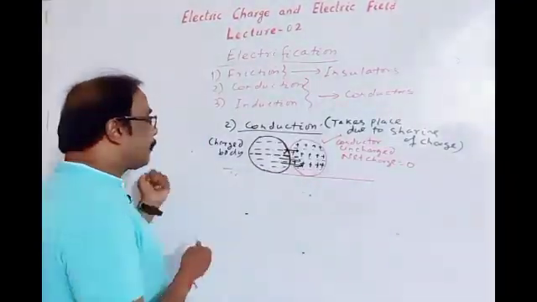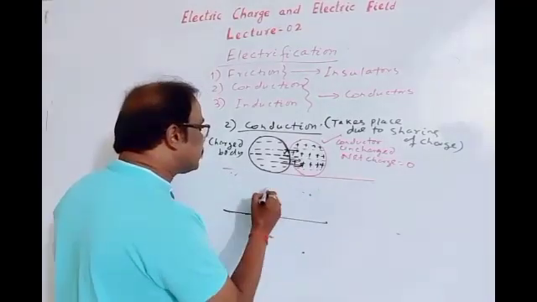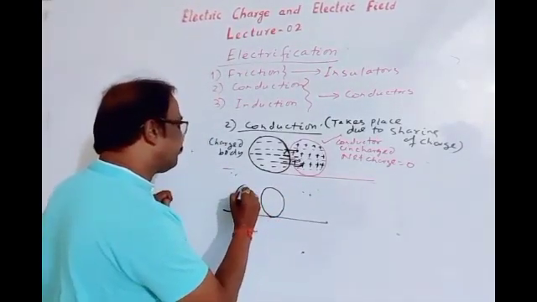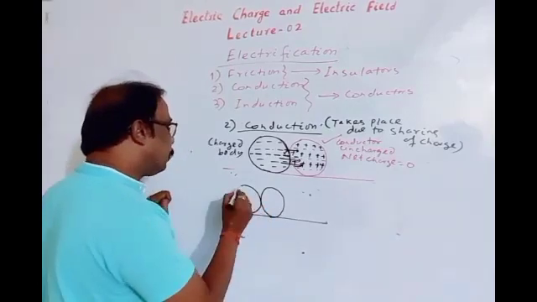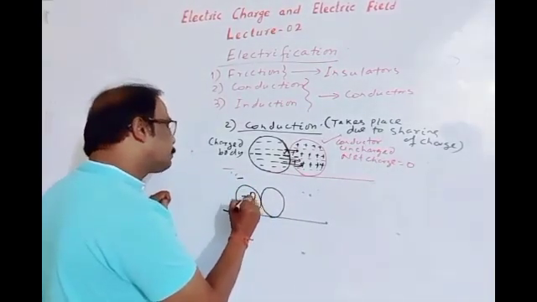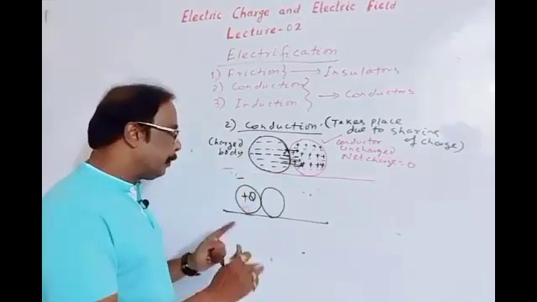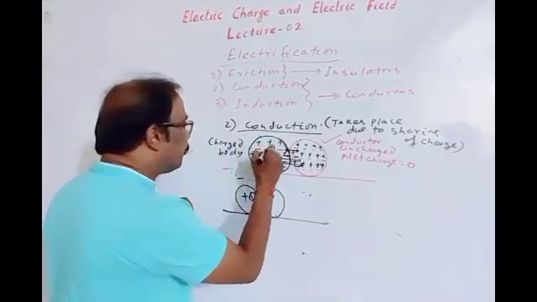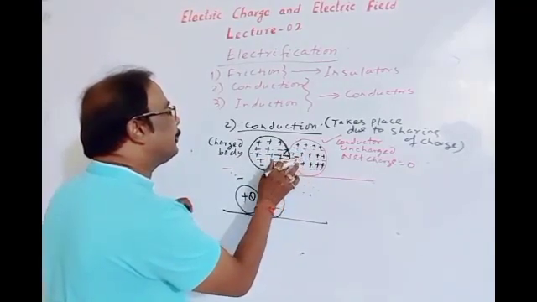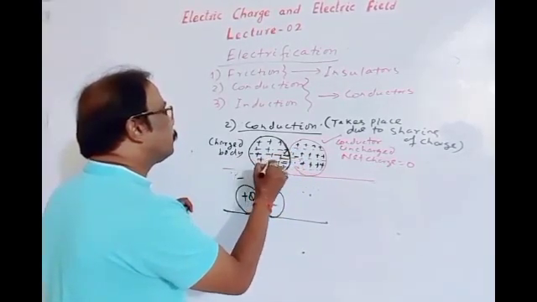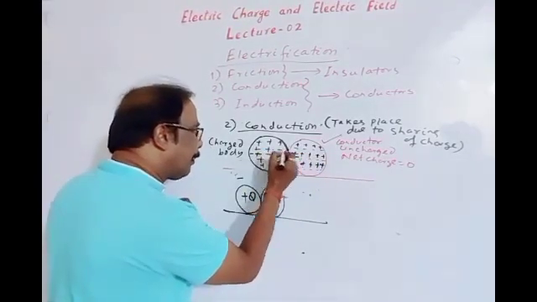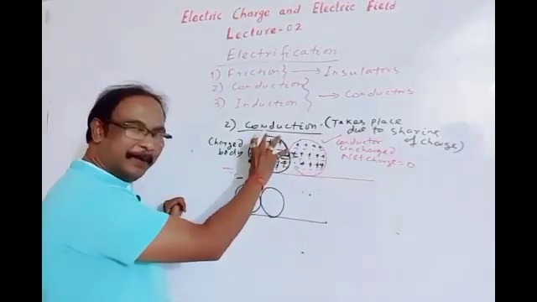Suppose two bodies are brought in contact. This is an uncharged conductor. This is a charged body. You may take an insulator. The total charge on this body, you may take minus Q or plus Q, whatever you like. If this charge were positive, then electrons from the uncharged body will be attracted due to the positive charge.